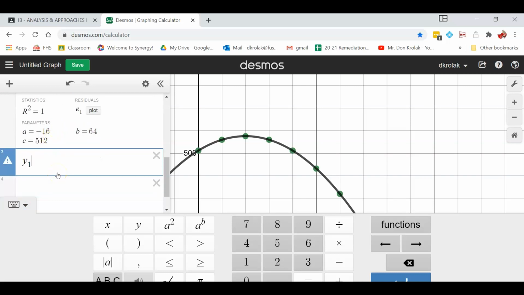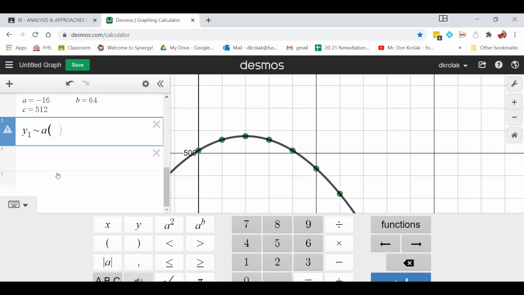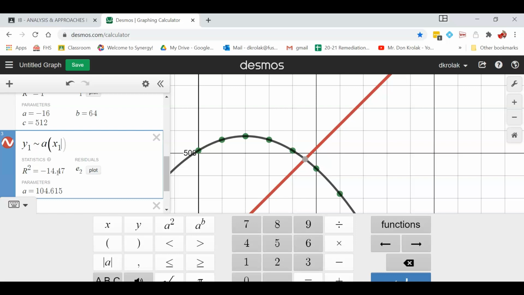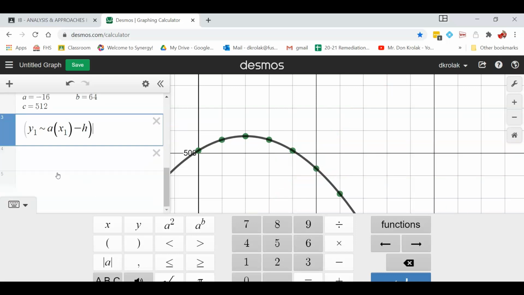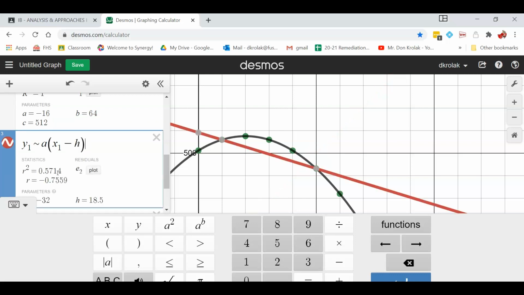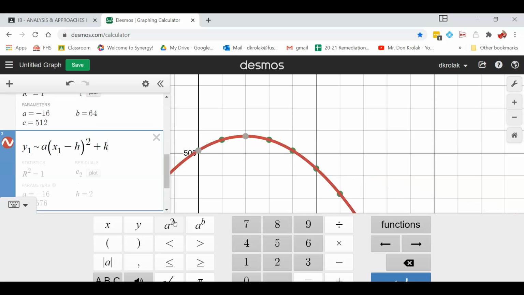So Y1 squiggle A, parentheses, X1 minus H, parentheses, X1 minus H squared, plus K. That's vertex form.